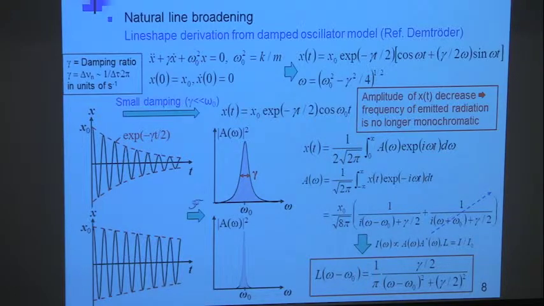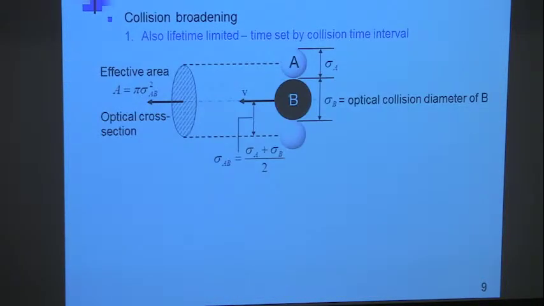So all of this is just to show you that when you're lifetime limited, the time dictates the half width, and the line shape function is of this form: a constant over the distance from center squared. Why do I care about that?